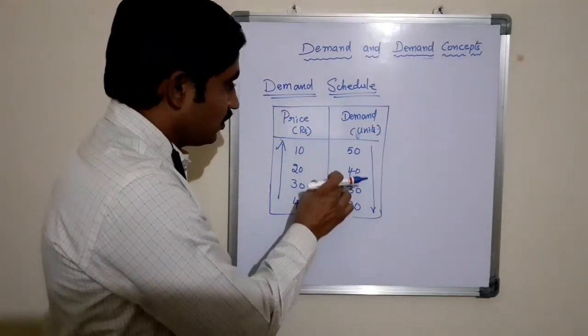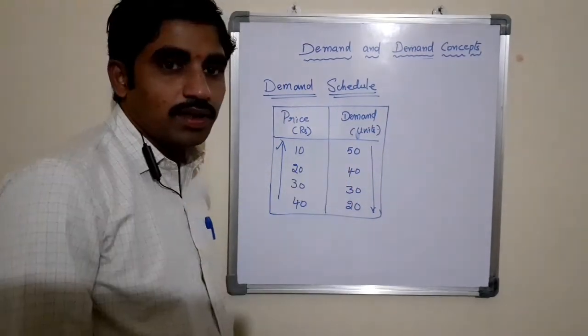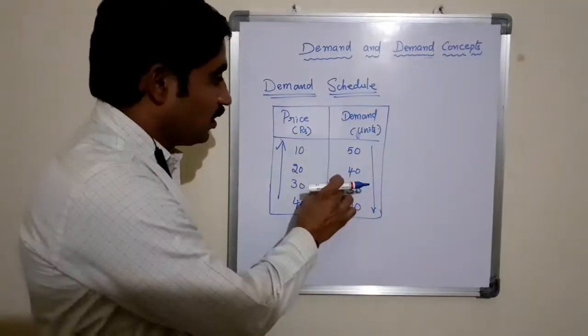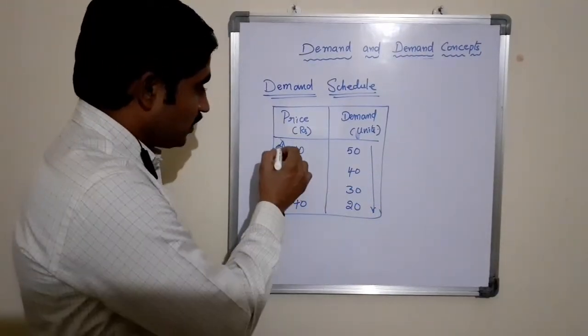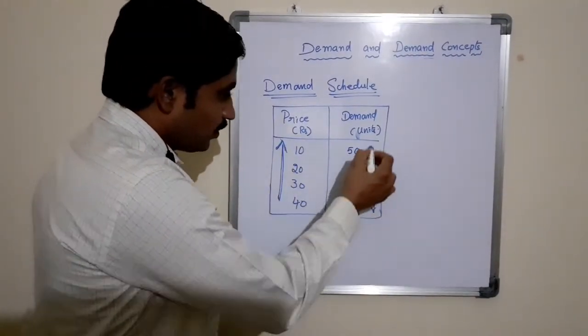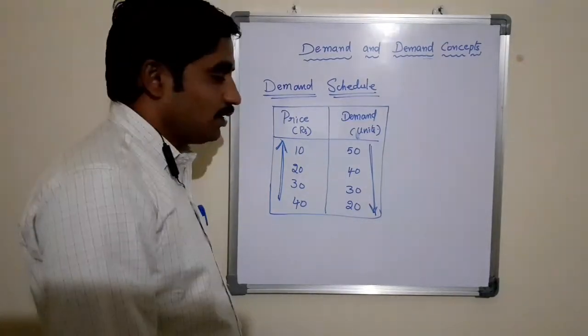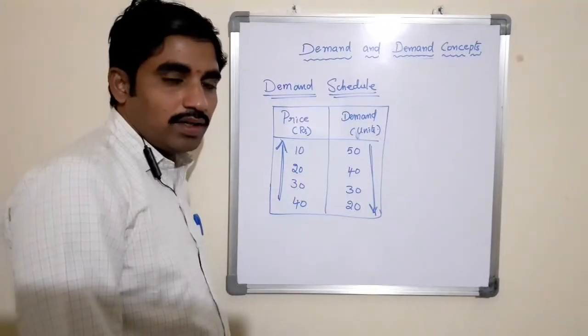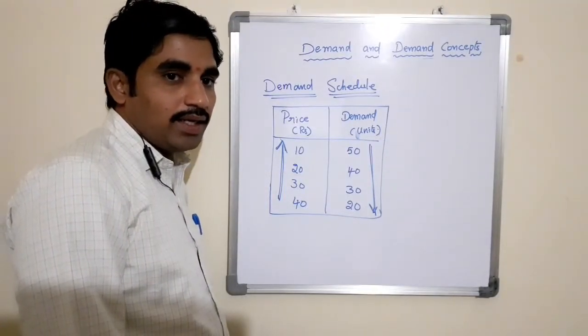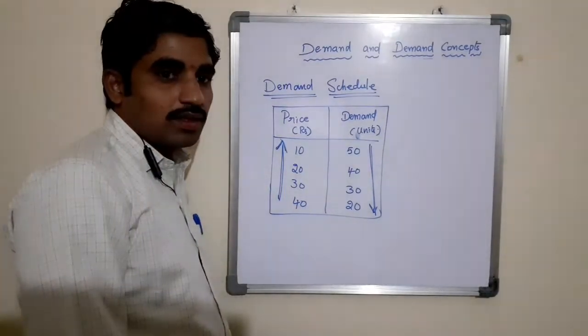This means that as the price is increasing, proportionately the quantity demanded of the product will decrease. This is called the law of demand. As the price of the product increases, the quantity demanded of the commodity will decrease or fall when other things remain constant.